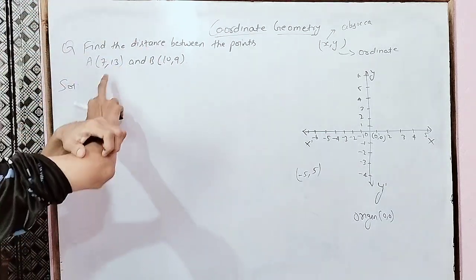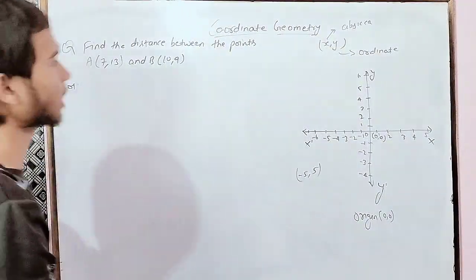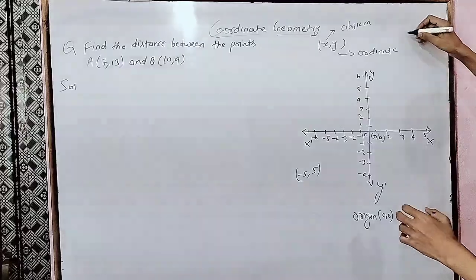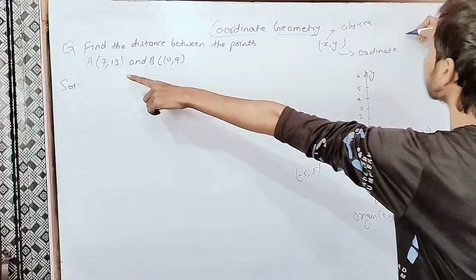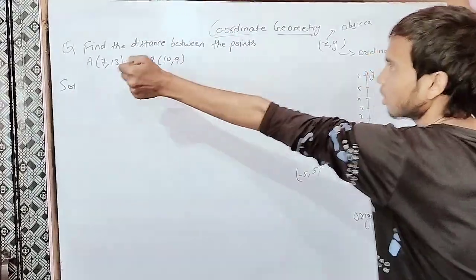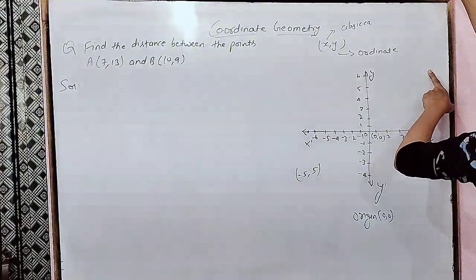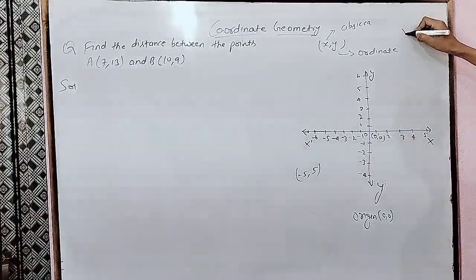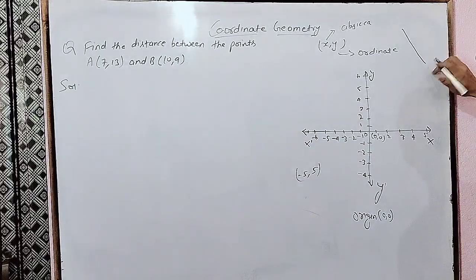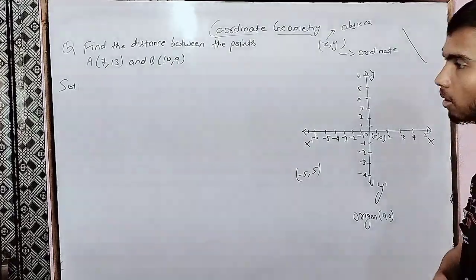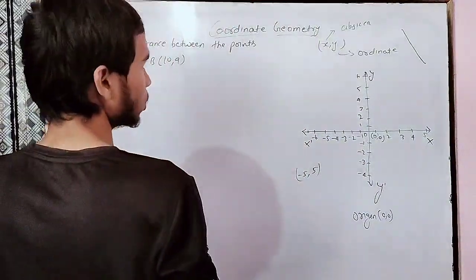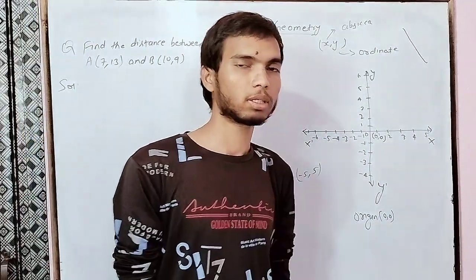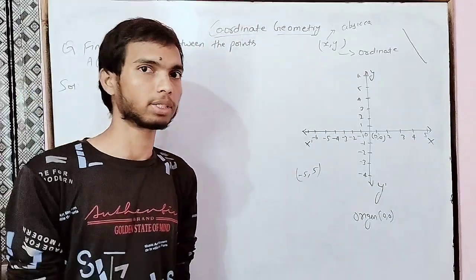We have been given two points. The coordinates of the first point are (7, 13), and the coordinates of the second point are (10, 9). So we have to find the distance between them, from here till here. We will find the distance between the given points by using the distance formula of coordinate geometry.